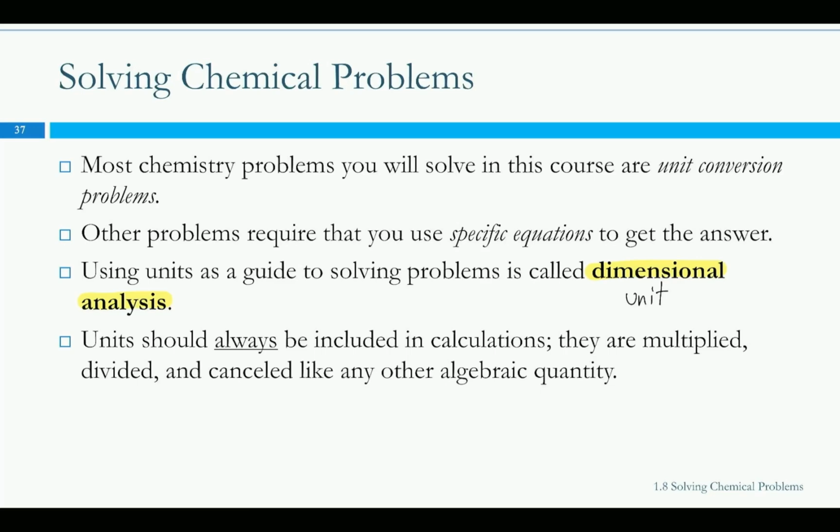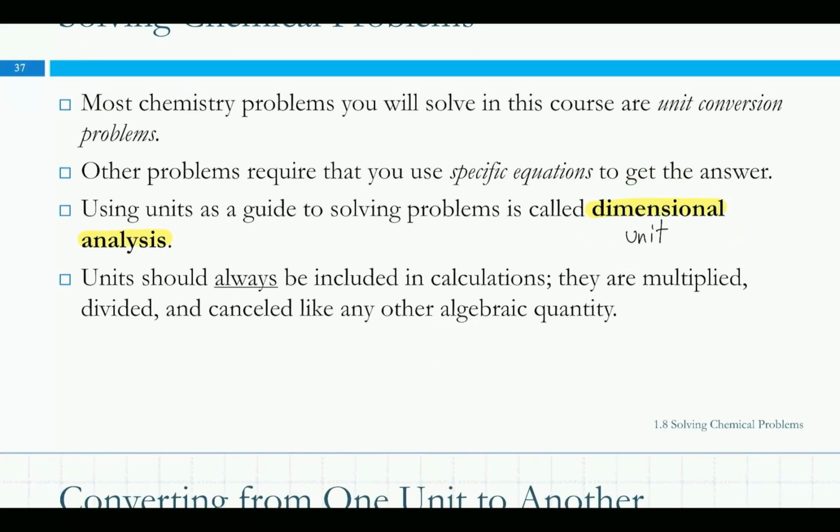This idea of dimensional analysis really revolves around units working like algebraic quantities. If I do y times y, that gives me y squared. It's the same thing with units. If I do centimeters times centimeters, that would be centimeters squared.